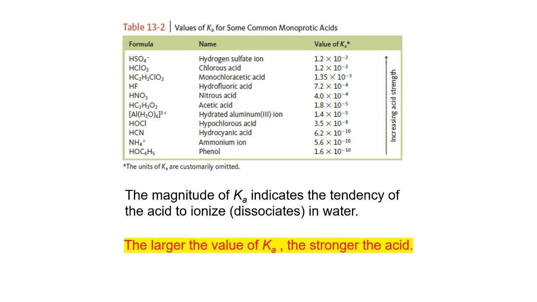Jadinya sekarang the magnitude of Ka indicates the tendency of the acid to ionize ataupun dissociate in water. The larger the value of Ka, the stronger the acid. Maksudnya kalau nilai Ka itu lebih besar bagi weak acid tersebut, percentage dissociationnya lebih tinggi. Maksudnya lagi banyak acid yang dissociate berbanding acid yang nilai Ka-nya lebih kecil.